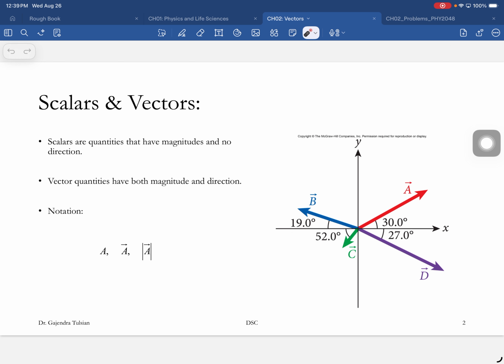You would add apples with apples. We'll get to all of that later. So vectors are represented by directed line segments. Here's the notation. We'll write vectors with the arrow on top. The absolute value of that, with absolute signs, represents the magnitude of the vector.